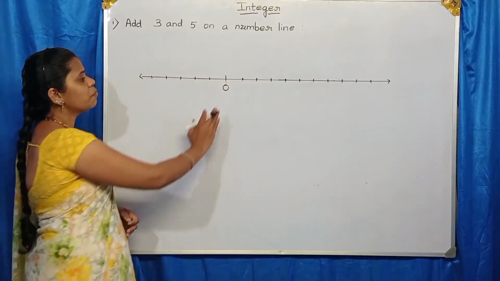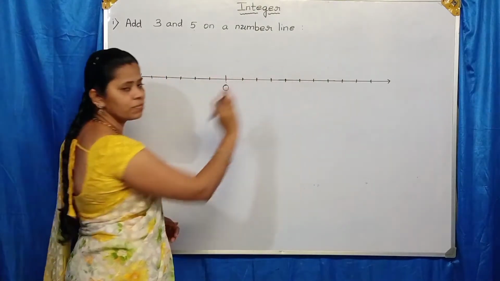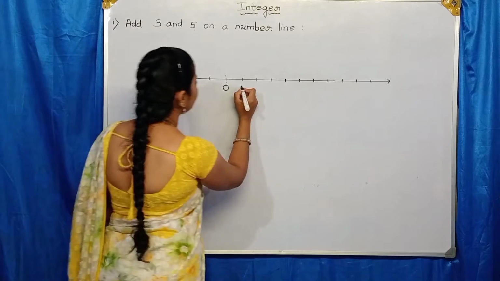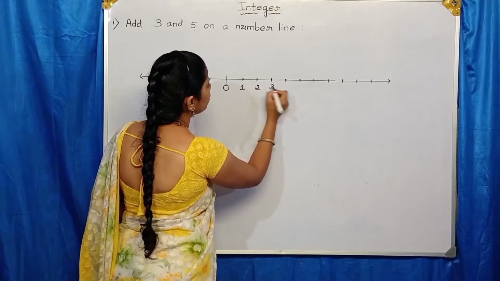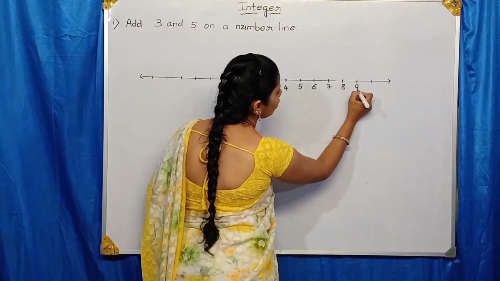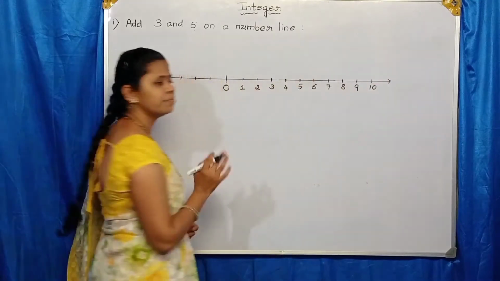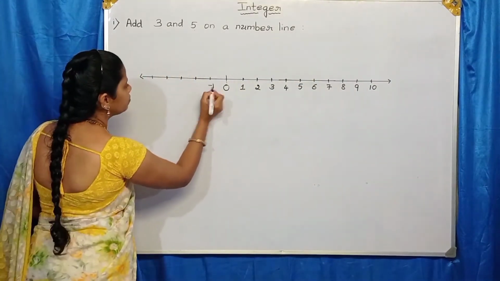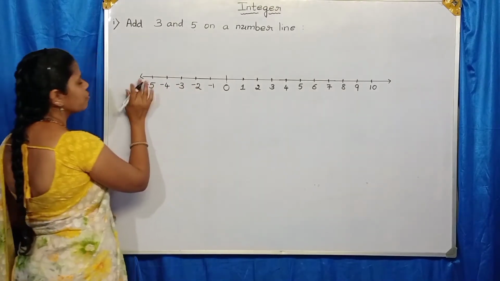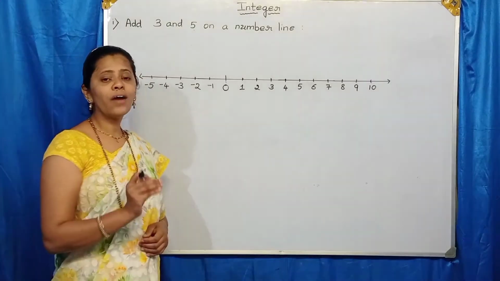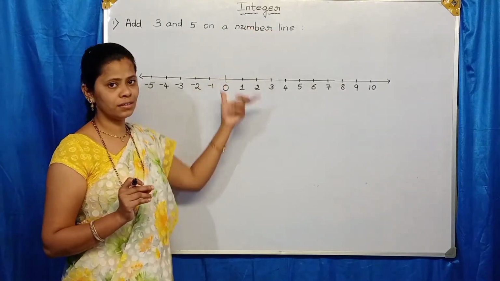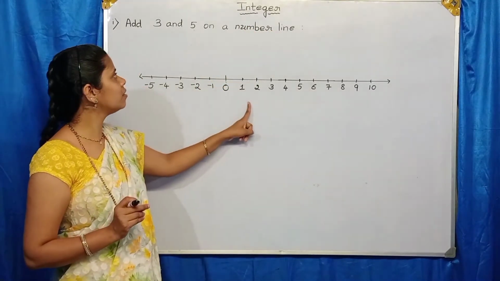Now, write the positive integers on the right side of 0 and negative integers on the left side of 0. Let me write 1, 2, 3, 4, 5, 6, 7, 8, 9 and 10 and so on. And this side -1, -2, -3, -4, -5 and so on. We have completed the first part. That is, we have drawn a number line.